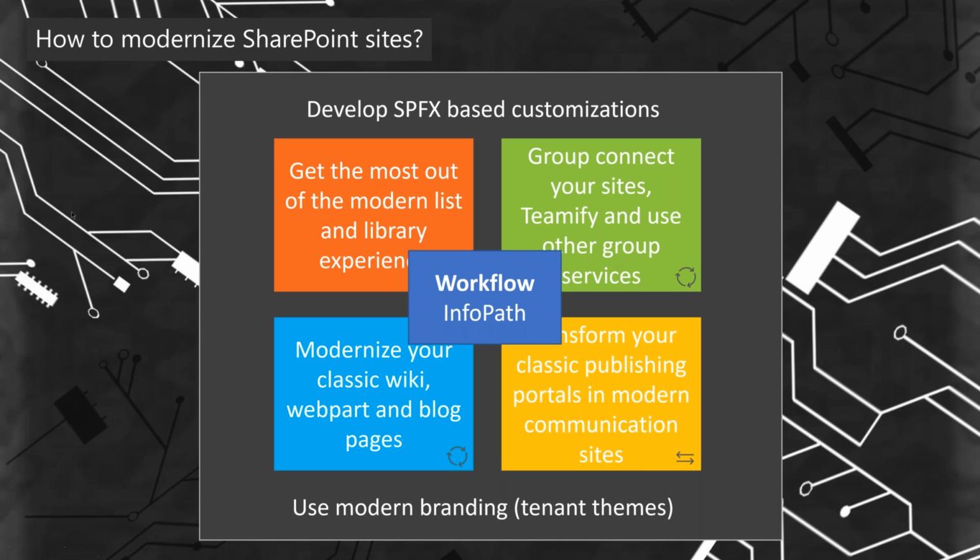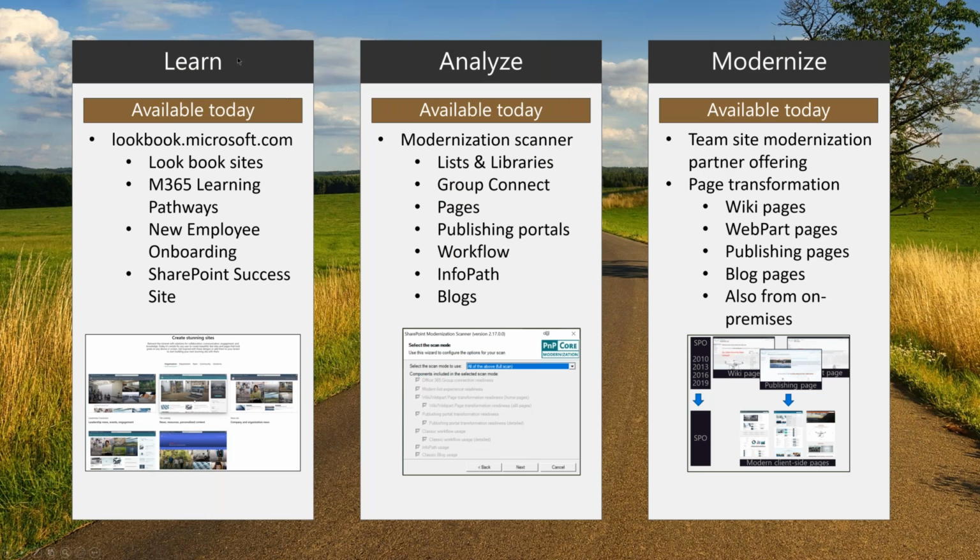Now, what can you do? How can you tackle the problem? We've split things up into three pillars: learn, analyze, modernize. The learn pillar is there to educate you on what modern SharePoint is and the value of modern SharePoint.